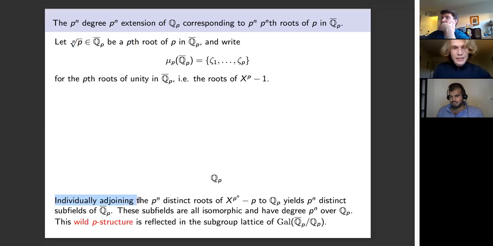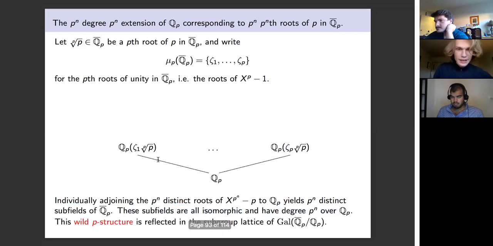The claim is that if I individually adjoin the p^n distinct roots of the polynomial x^(p^n) minus p to Q_p, that's going to give me p^n distinct subfields of Q_p bar. These subfields are all going to be isomorphic to one another, and they're all going to have degree p^n over Q_p.